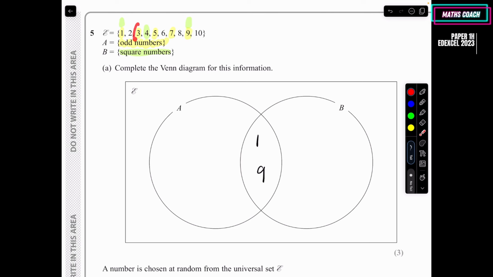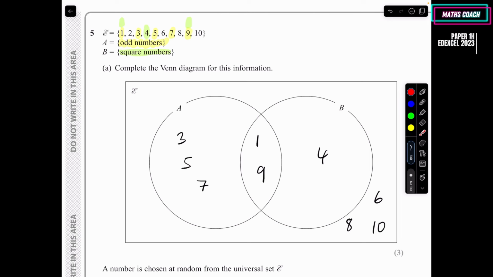We have the 3, the 5, the 7, and not the 9, don't count that. So it's just 3, 5, and 7. There we go. Now in here, same thing. We are going to have all the square numbers, and that is the only ones with green that are not already in here. Okay, and that's just 4 here. And on the outside, we can put our 6, our 8, and our 10.